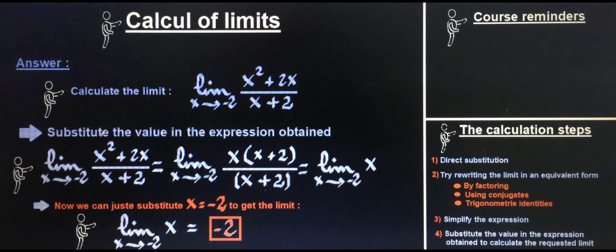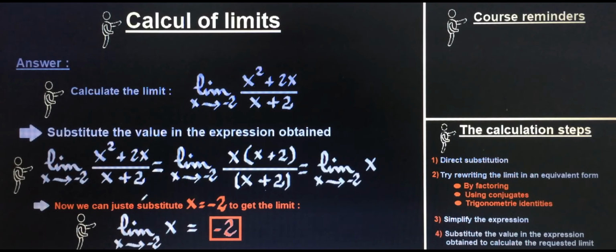Step number 4. Substitute the value in the expression obtained. The limit as x approaches minus 2 of the expression x squared plus 2x divided by x plus 2 is equal to the limit as x approaches minus 2 of the expression x.